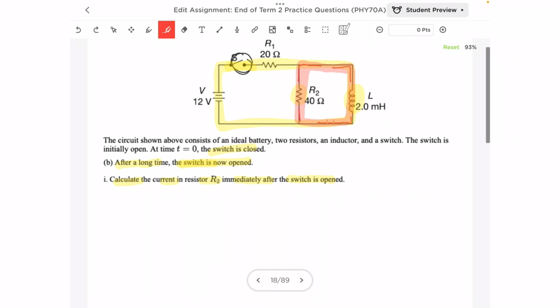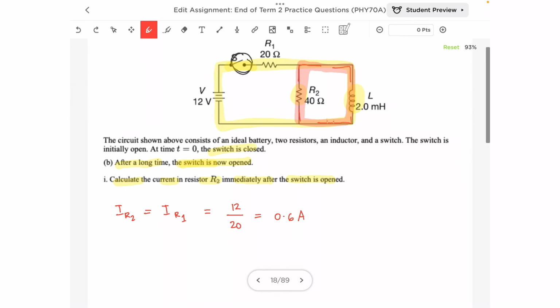As a matter of fact, the current through R2 would be equal to the current that was initially flowing through R1, and this is just equal to the voltage across R1, which is 12 volts divided by the resistance of R1, which is 20 ohms, and this is equal to 0.6 amperes.